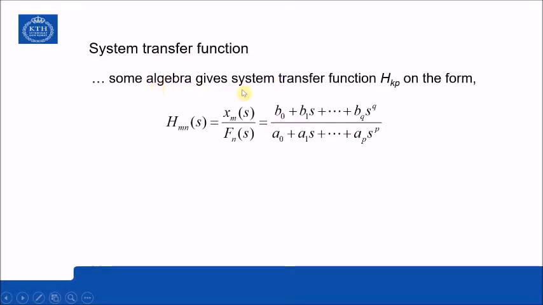And if you perform some more algebra, you can find that the system transfer function we had before can be expressed in this case as a ratio of two polynomials, one numerator polynomial and one denominator polynomial. And the variable here is, of course, the Laplace variable s.